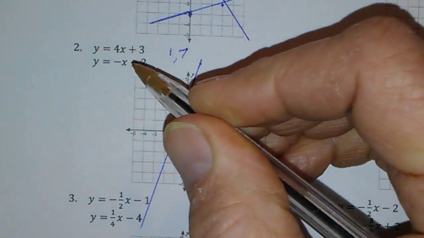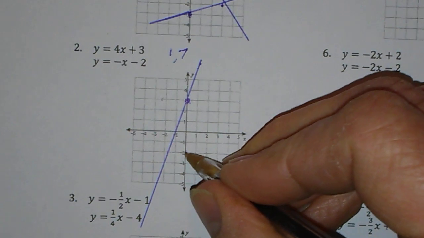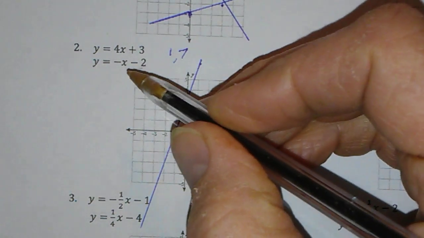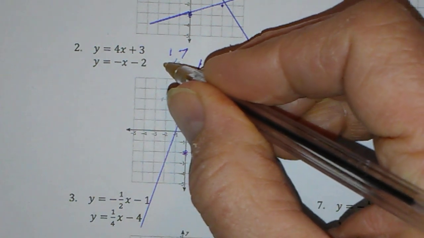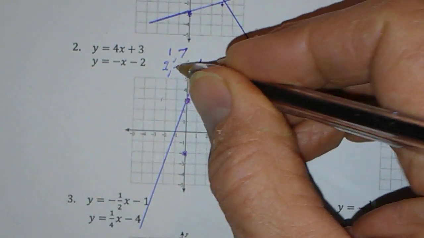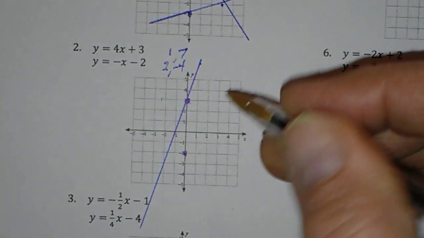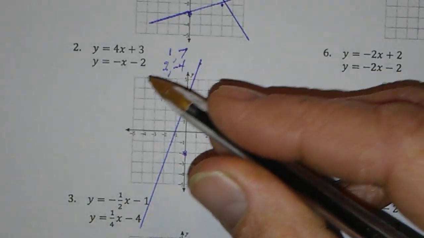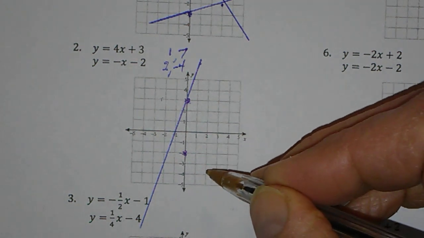Okay, now this one. If x is 0, you get negative 2. That one's always easy. Let's do 2. If I put x equal to 2, that's not going to help, but I'll do it anyway. That becomes negative 2 minus 2, which is negative 4. What was my first one? It was 0, negative 2. Oh yeah. 2, negative 4 would be there.